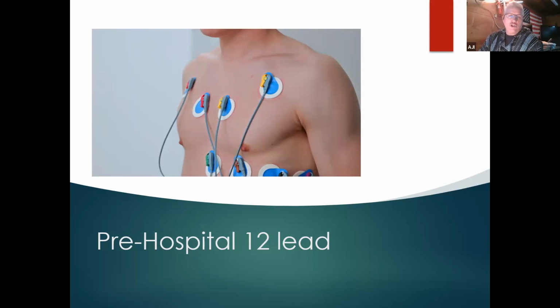Another slideshow. This one's just to show how we set up a 12 lead. This is something that we're going to be using as we transmit our information over to the hospital, especially if we find somebody that is having an active STEMI or ST elevation MI.